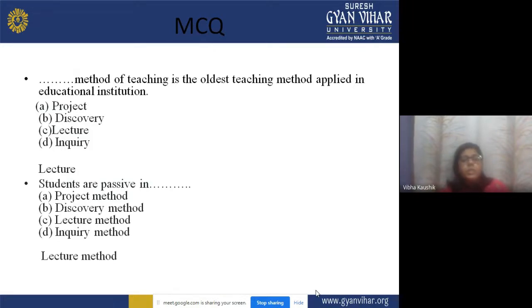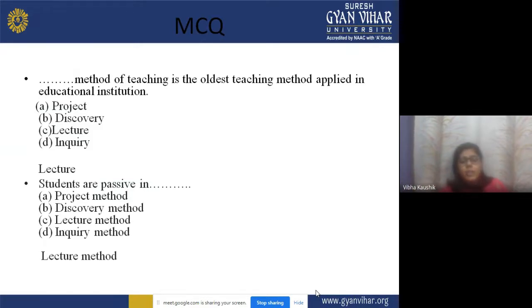The first option is project, second is discovery, third is lecture, and the fourth is inquiry. Students, you have to select the correct one, and the correct one is option C, the lecture method. The lecture method is the oldest teaching method.